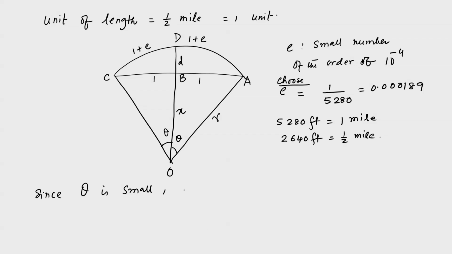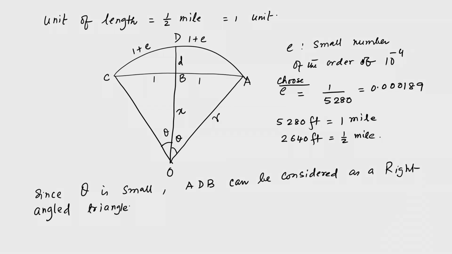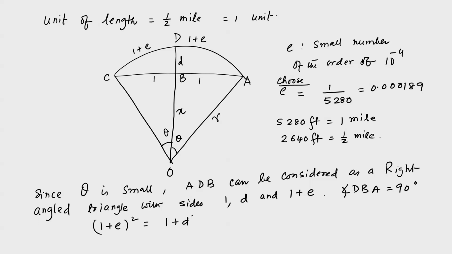So, ADB can be considered as a right angle triangle with sides as 1, d and 1 plus E. Of course, the right angle is at DBA, DBA is equal to 90 degrees. So, we have the hypotenuse being formed by 1 plus E. So, if that is true, then 1 plus E squared is equal to 1 plus d squared.